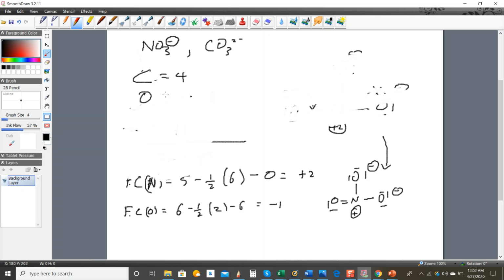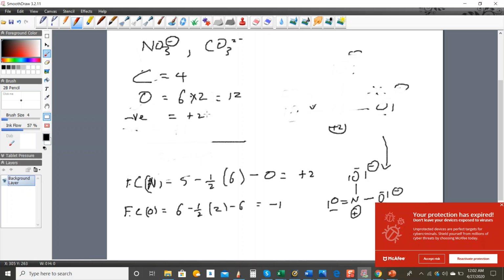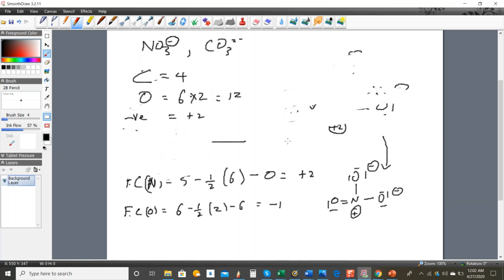Each oxygen will contribute 6 electrons times 3, and because of the negative charge, we have to add 2 more electrons. All right, so 6 times 3 gives you 18. 18 plus 2 gives you 20. 20 plus 4 gives you 24. So therefore, the grand total here would be 24 electrons, which would be equal to 12 pairs.